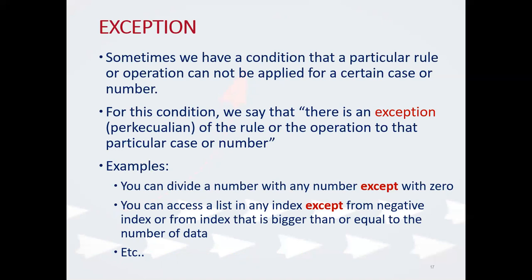In other words, it's an error, it's a mistake. For example, we can divide a number with any number except with 0. We cannot divide a number with 0 because it will give us an infinite number. It's not a number actually. Infinite is not a number. You can access lists in any index except a negative index, and so on. So these are exceptions.